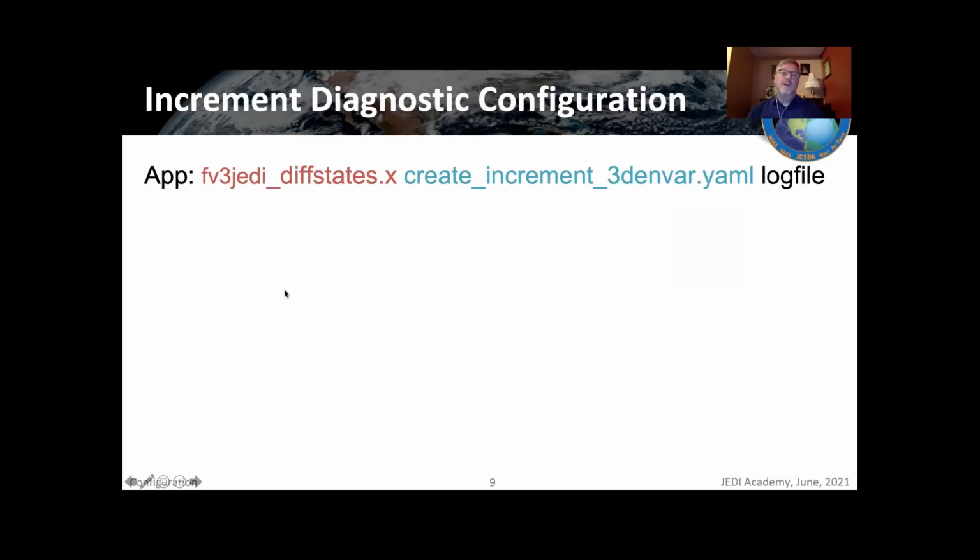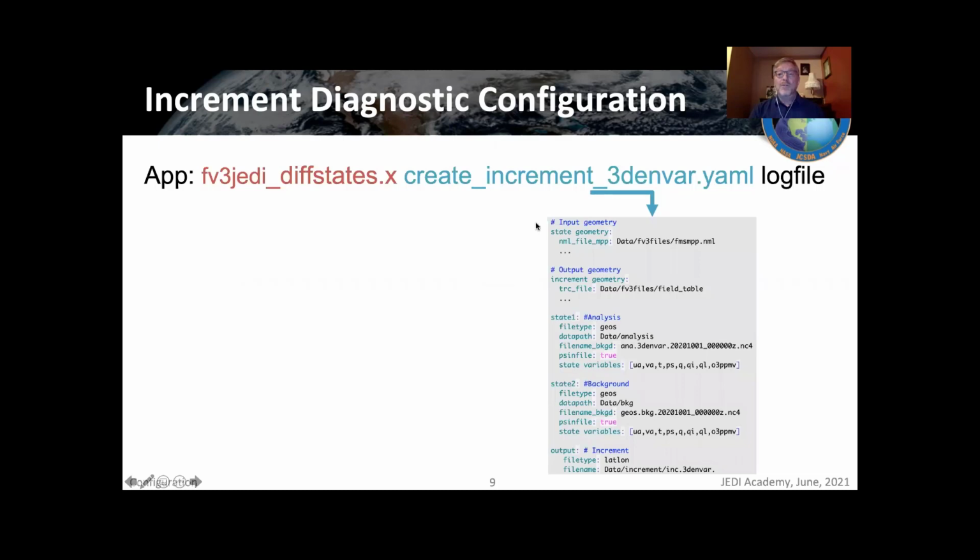So then at the end, we want to create an increment so that we can run some diagnostics on this increment. The increment isn't particularly part of the whole DA looping process, but it's a handy thing to dump out every once in a while for diagnostic purposes.